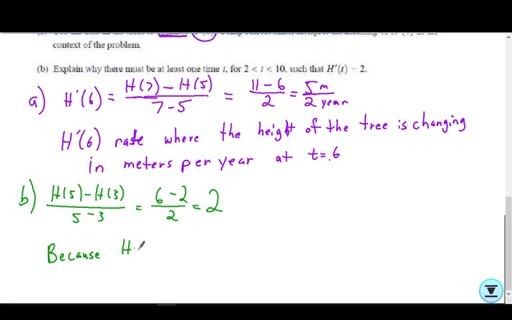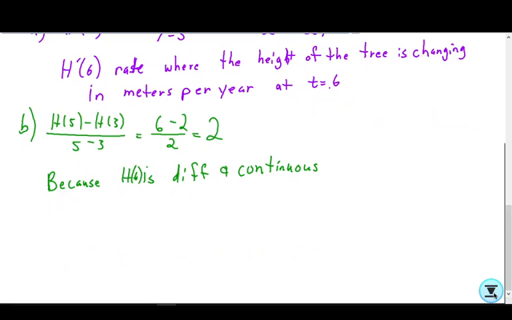because h of t is differentiable and continuous, and that is extremely important. Saying that it's differentiable and continuous means it has a derivative everywhere and there are no jumps or holes. So it's differentiable and continuous on the interval 3 to 5.